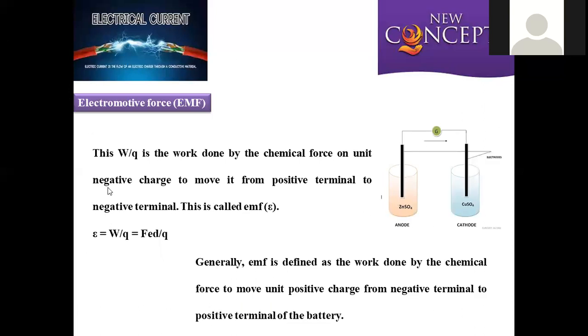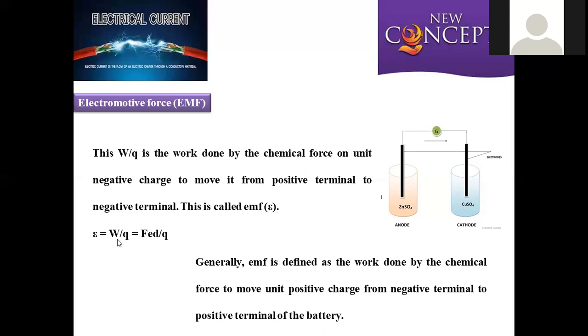Now we are going to observe this W by Q, the work done by the chemical force on the unit negative charge to move from the positive to negative terminal. The force operating in order to move the electron is denoted as the electromotive force, given by the symbol epsilon.